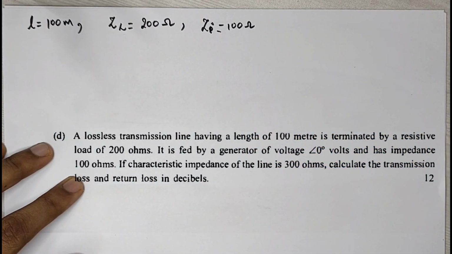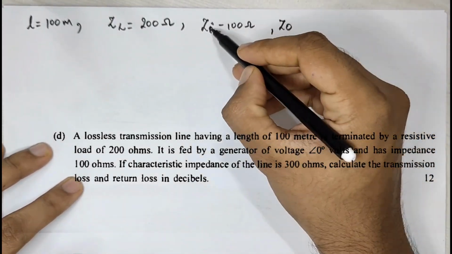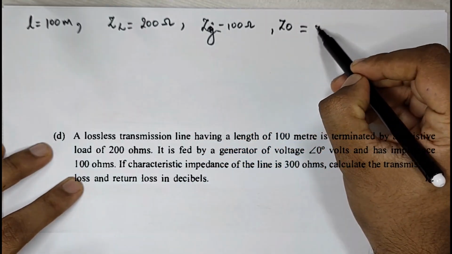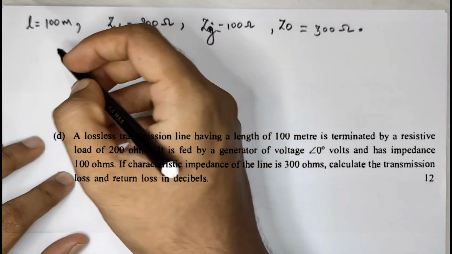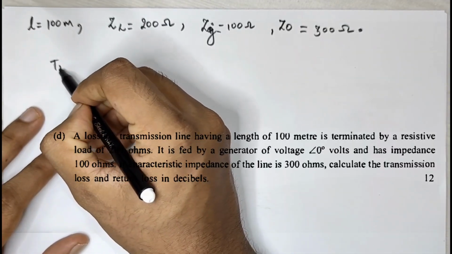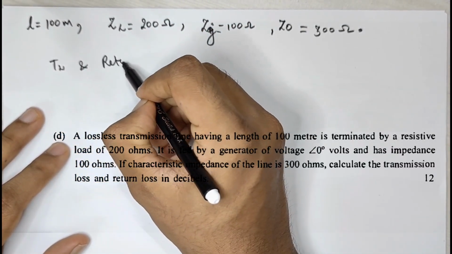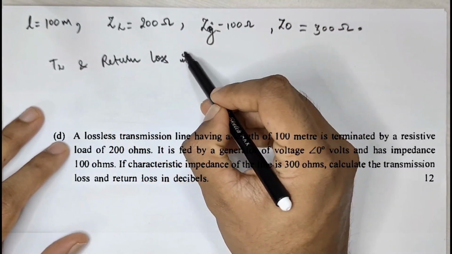And the characteristic impedance Z0 is also given. We have to calculate transmission loss and return loss in decibels. In dB they are asking for.